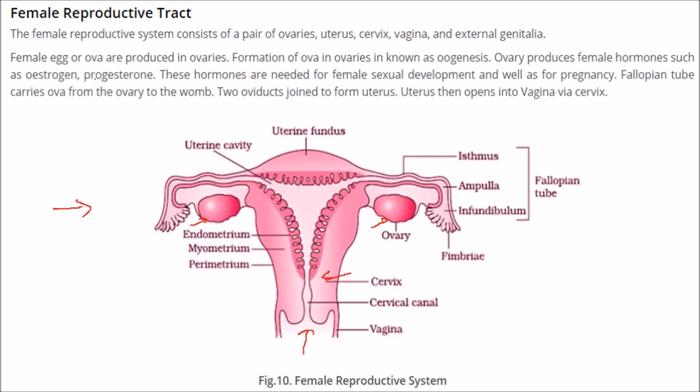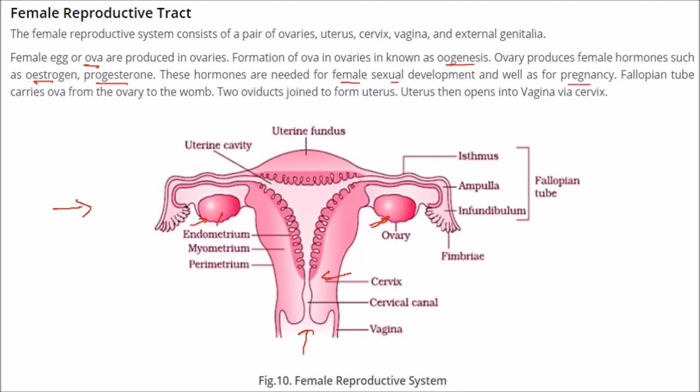The female egg, or you can call it ova, is produced in the ovary. The formation of ova in the ovary is known as oogenesis. The ovary produces female hormones like estrogen and progesterone. These hormones are also needed for female sexual development and for pregnancy as well.